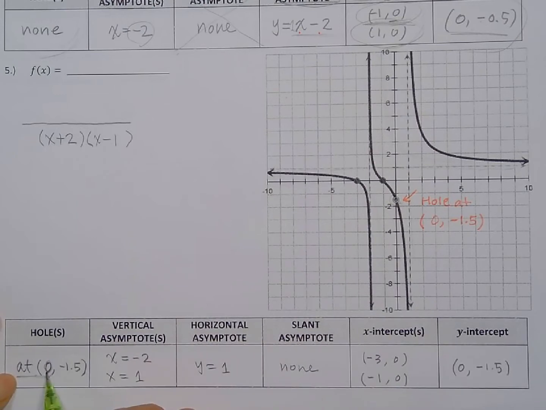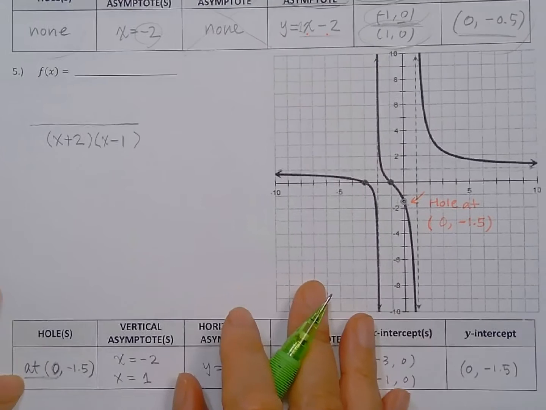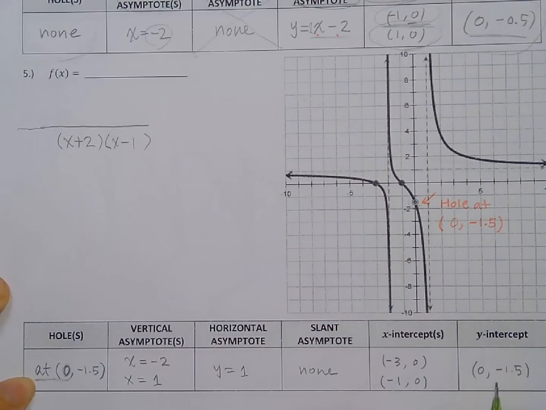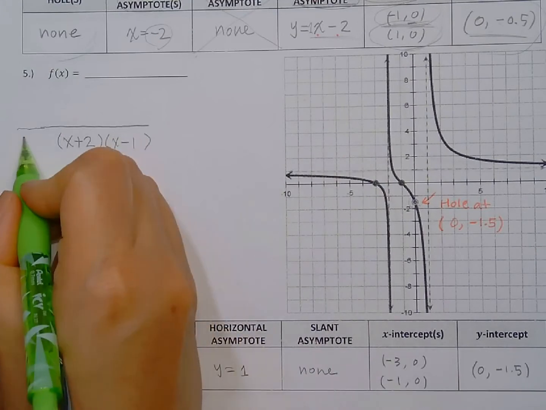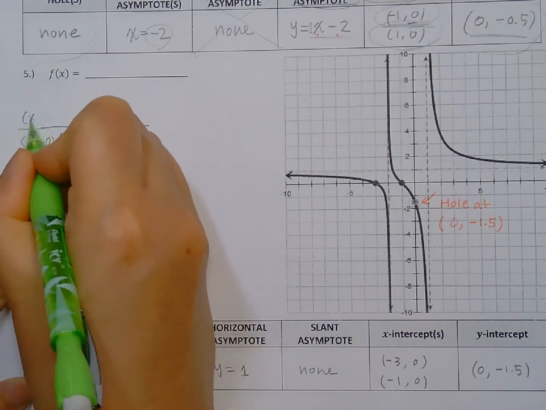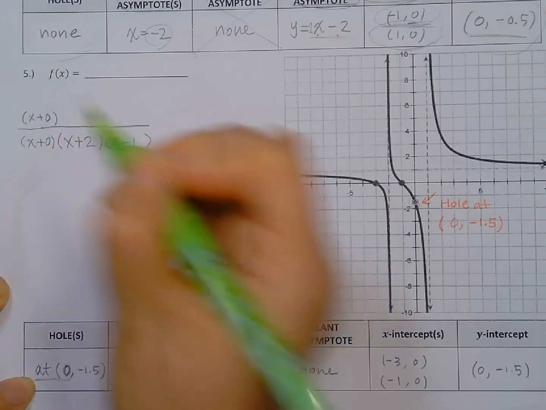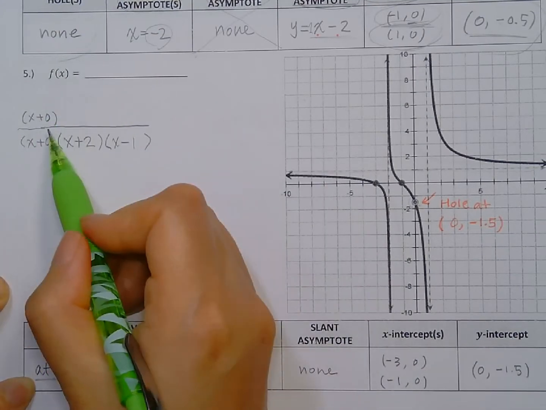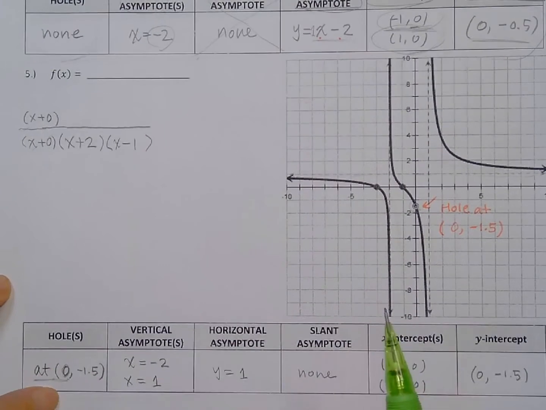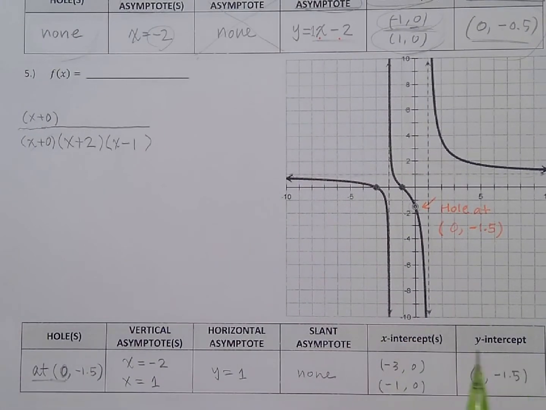Then I should have had the common factor top and bottom, which is x plus 0 on the bottom, x plus 0 on the top, so that I was supposed to cancel them, so that I was supposed to have a hole at 0, somewhere. See that?